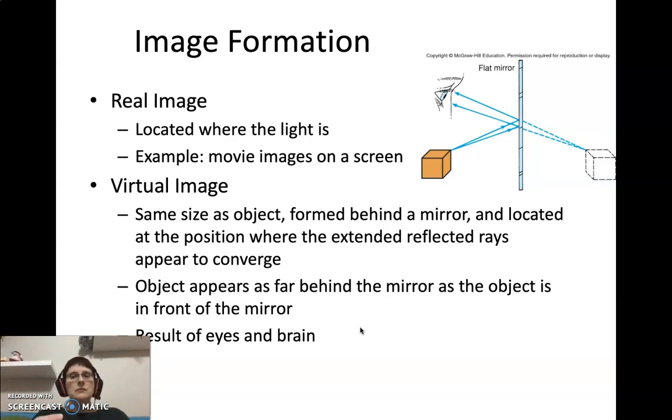But the problem with it being reflected rays is that, as you're familiar with, the image gets flipped. And so this is why things look like they're backwards in a mirror, because the rays get flipped around when that happens.